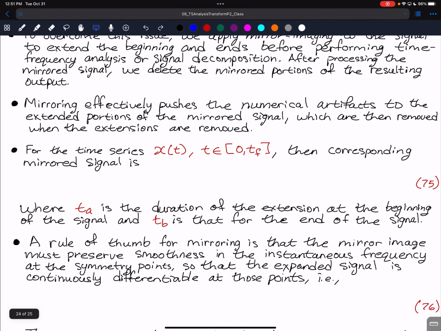All right, so we're going to consider a time series x. This is just a discrete signal or a continuous signal, doesn't really matter.